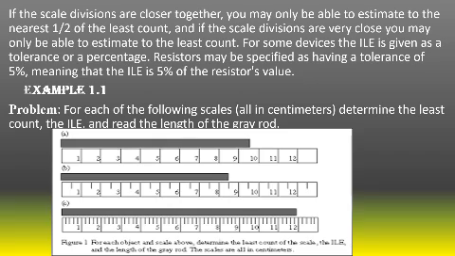So the instrument limit of error here, we say when the scale divisions are not closer to each other, we assume it to be 1 on 2 or 1 on 5 or 1 on 10, as said earlier. So here we can take our instrument limit of error to be 1 on 5, and that will give you 0.2.